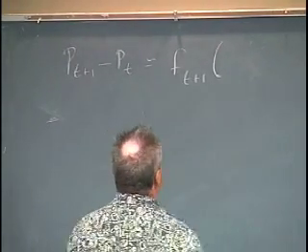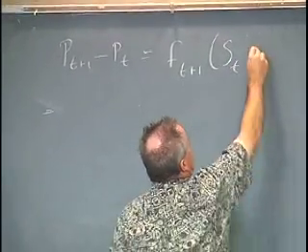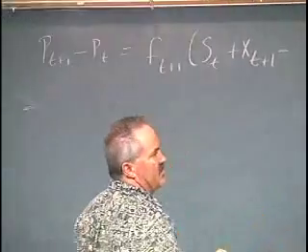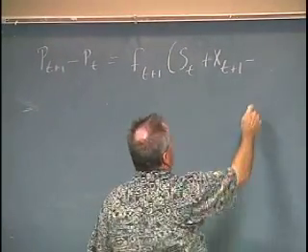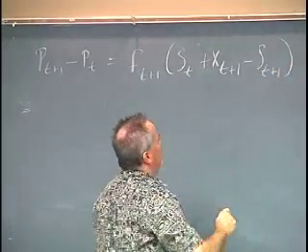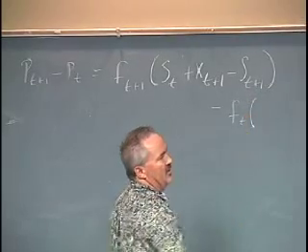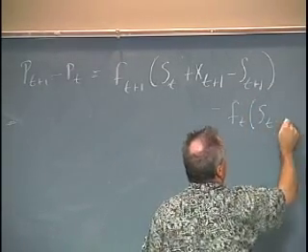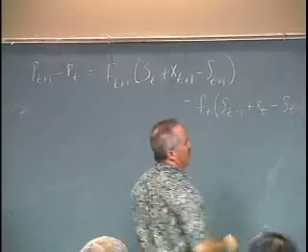So C of T plus 1 will equal S T plus X T plus 1, right? We're just adding 1 to our subscripts, minus S T plus 1, minus F of T, which we've already written over there, is equal to incoming stocks plus production minus outgoing stocks.